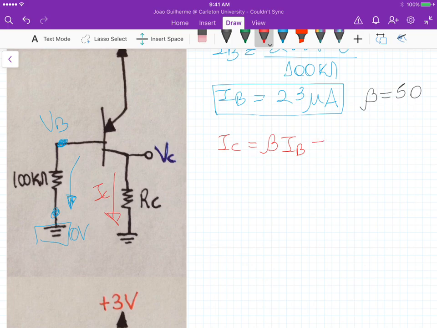So this gives us 23 microamps times 50, which is an IC of 1.15 milliamps.